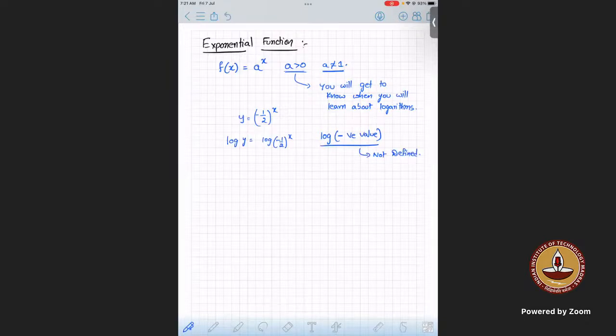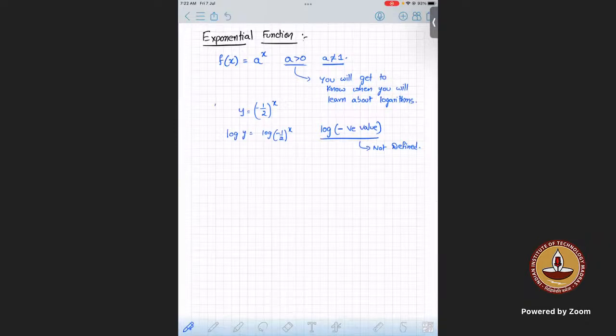I think you all have mobile phones. Go to the calculator and press log of minus 3, any negative value. What is it giving?